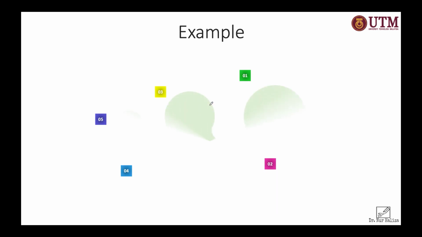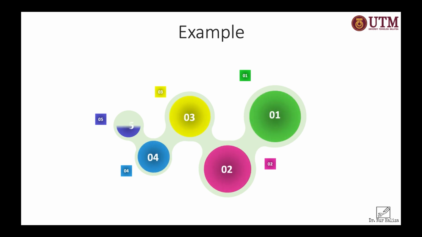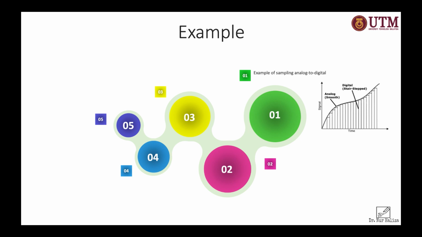So over here, examples you can have a look at, there are 5 stages basically, on the example of sampling. What we're going to do in this sampling is analog to digital, which is you convert the analog to digital.